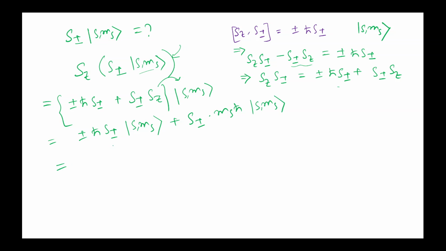So you can now take common this ħ and S plus minus from here. If I take common this ħ from here, what will I be left with?